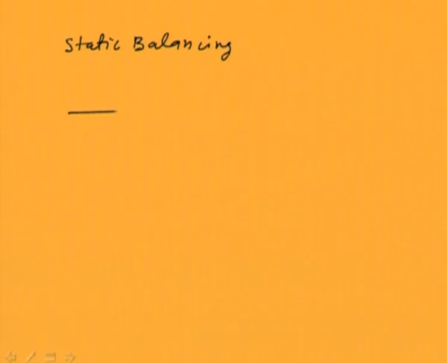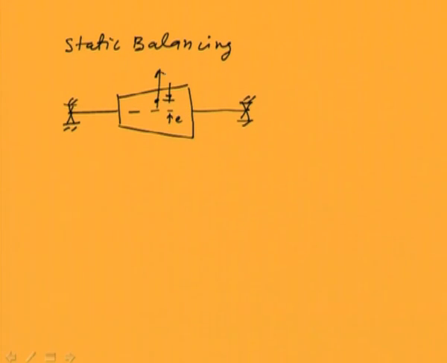So we have a rotor like this, which is mounted on bearings at the ends. Now the eccentricity of this rotor is E. Because of that, we are having centrifugal force.